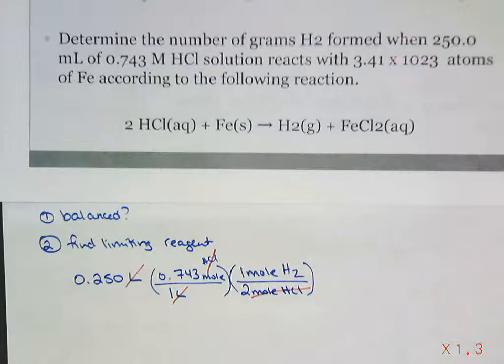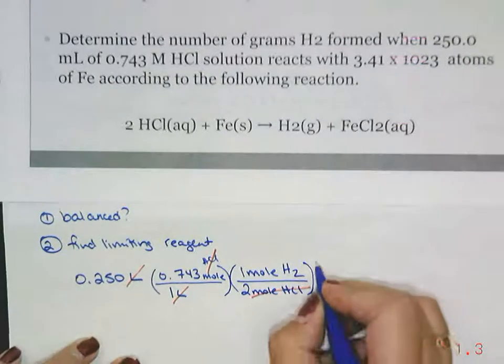Am I done with the HCl, or with the hydrogen gas HCl conversion? I can stop here and figure out which one's the limiting reagent and then use it to calculate grams. But since I've already started, I'll just go ahead and solve it in grams and then be done with the whole problem.